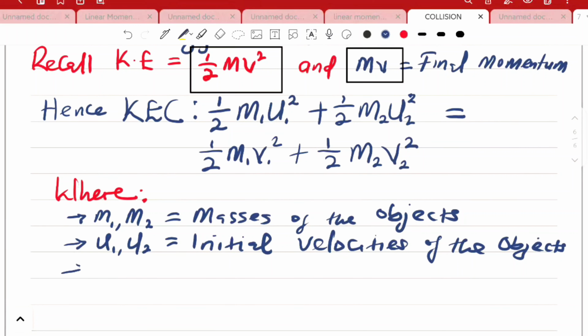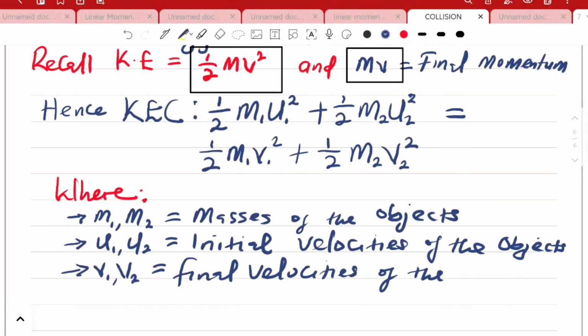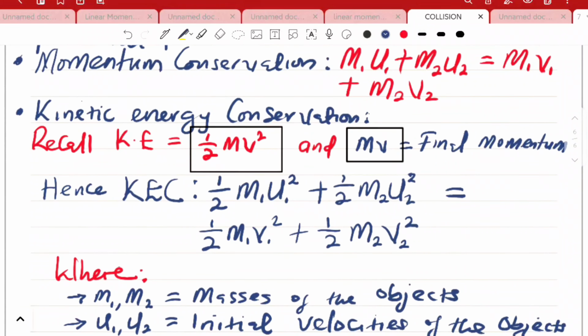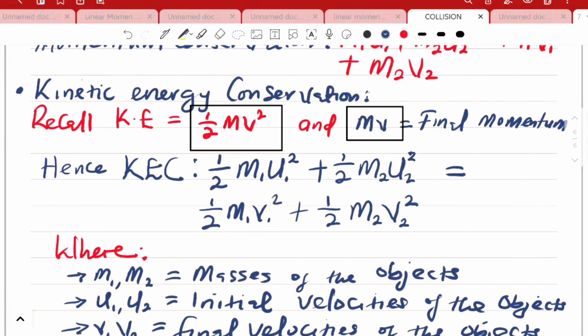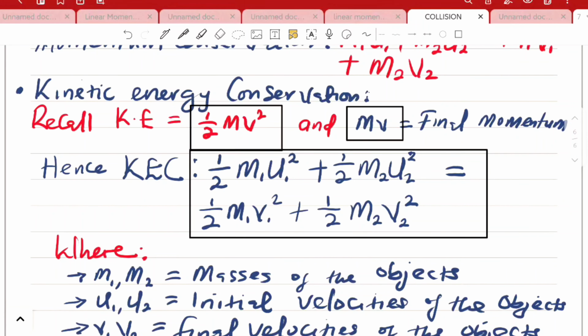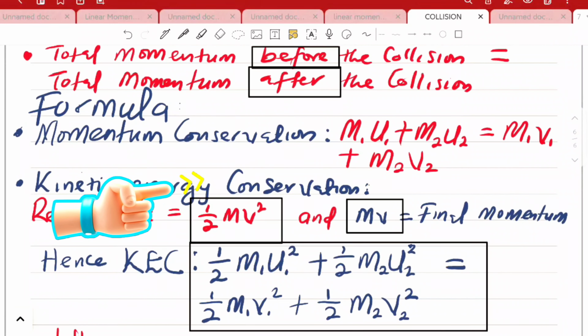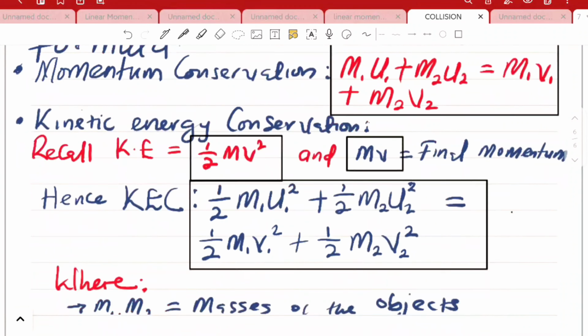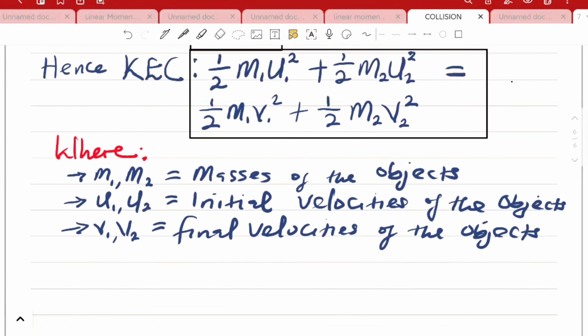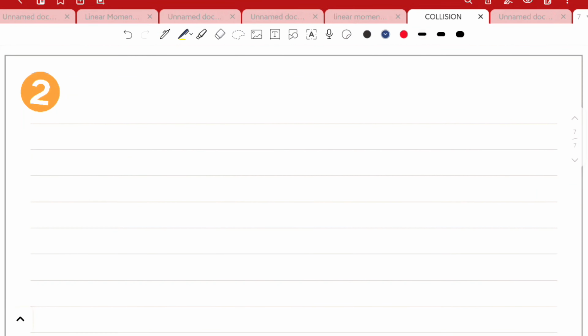Then v1, v2 are the final velocities of the objects m1 and m2. Please take note of this equation. It's very important. We are highlighting it so that you take note of this. Please recall that energy is conserved here. So we have two main equations that you can use here.